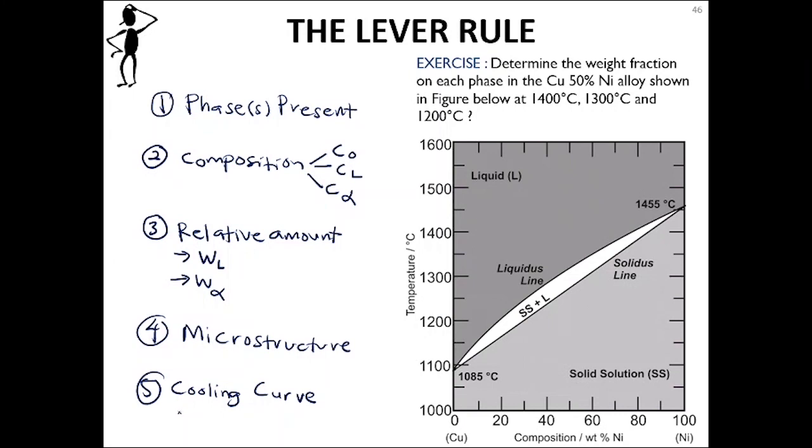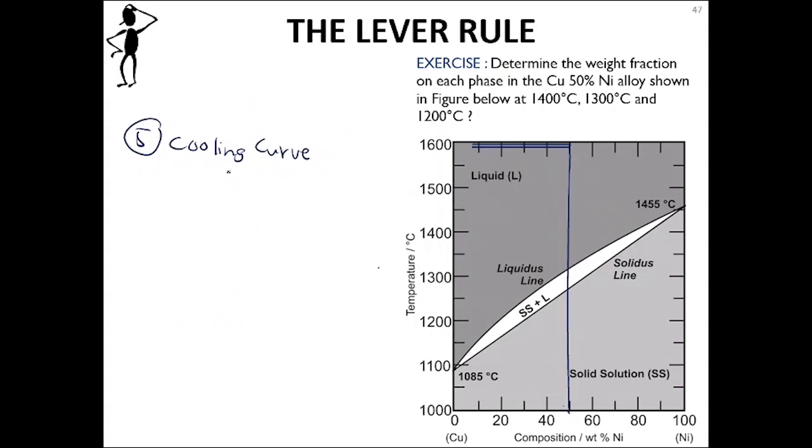Now we are going to look at the fifth step, which is the cooling curve. To draw the cooling curve for 50% copper nickel alloy, first we need to draw the straight line for 50% copper nickel alloy. After that, we draw a horizontal line from the liquidus line until the temperature axis, and then from the solidus line until the temperature axis.